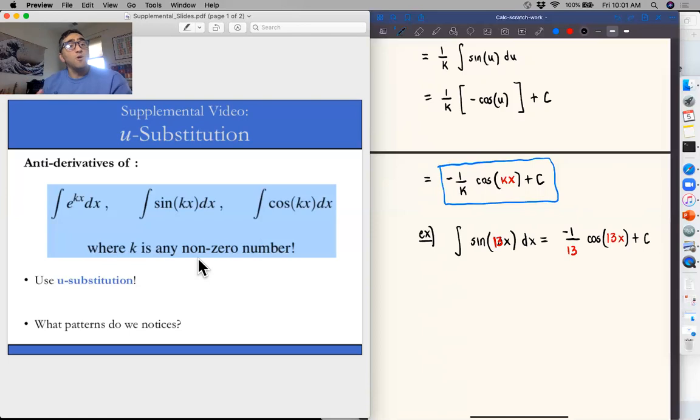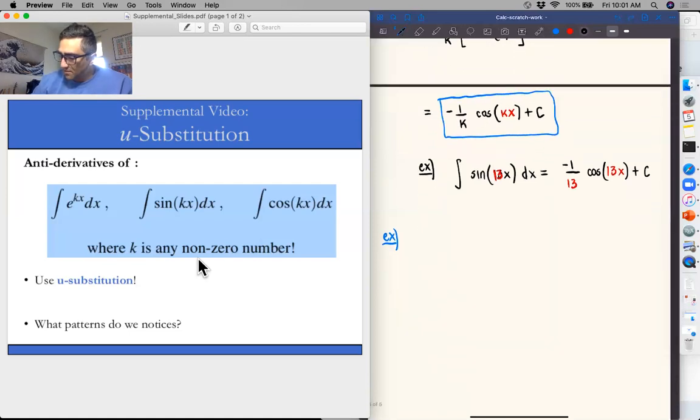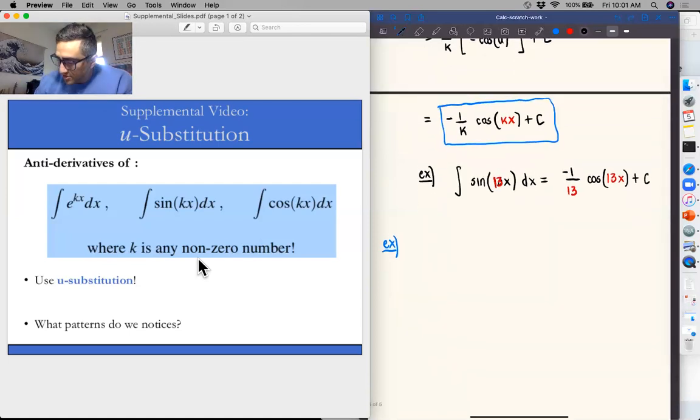Now the same thing will work for cosine. I'm not going to go through this example, but you could do it the exact same way with u substitution. If we have the integral of cosine of kx, where k again is any number except for 0, the antiderivative is going to give us 1 over k times sine of kx plus c.